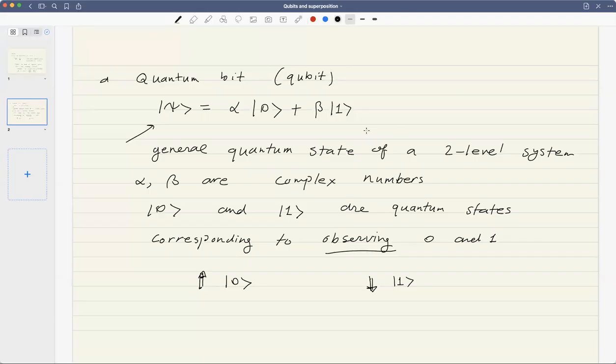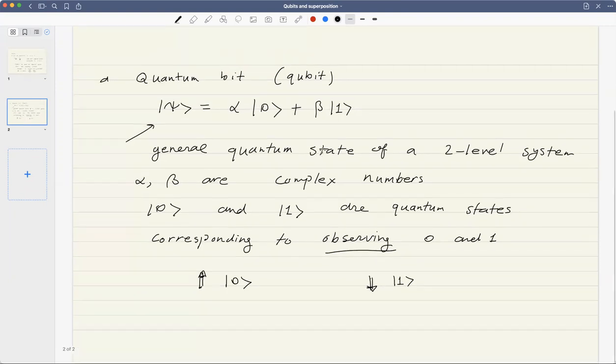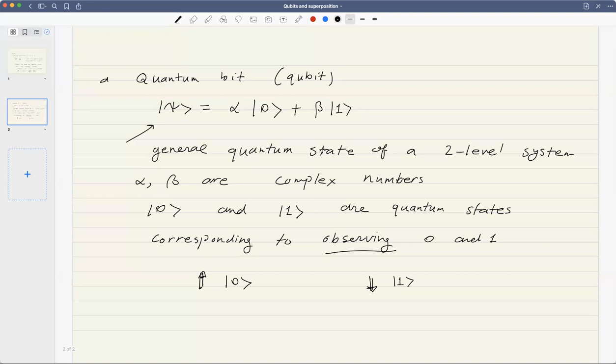So the question is, what does it really mean when we say quantum state is some linear combination of both? If you think about flipping a coin, when it lands, it's either head or tail. So it's either one or the other. Or if you measure that spin, it's either up or down.